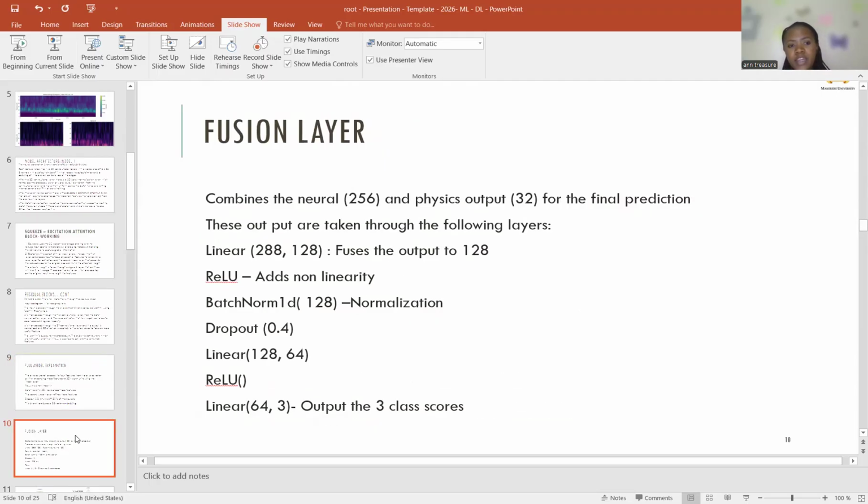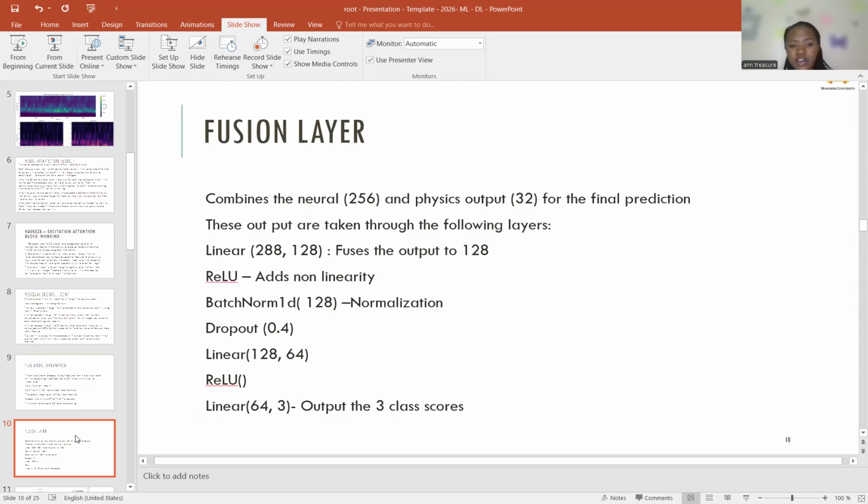As you can see, the fusion layer combines the neural and the physics features to form the final prediction. So I have the neural branch having 256 and then the physics output was 32. So it combines them to form 288 features. Then in the linear layer, this output will be fused to 128 features.